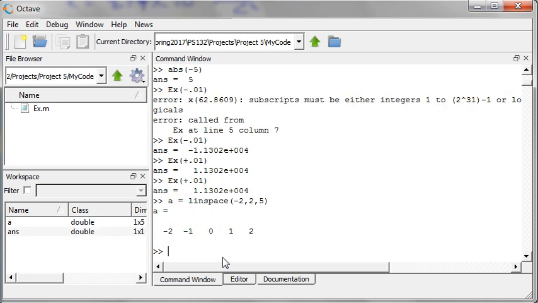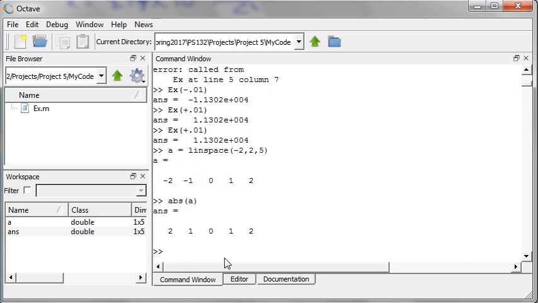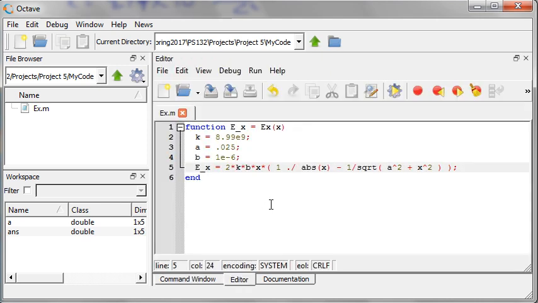Alright, and then I'll try taking the absolute value of A, that whole array, and see if it does anything fancy or just does what I think it should do. Yeah, it just takes the absolute value of each element in it. So this absolute value of X should work just fine.